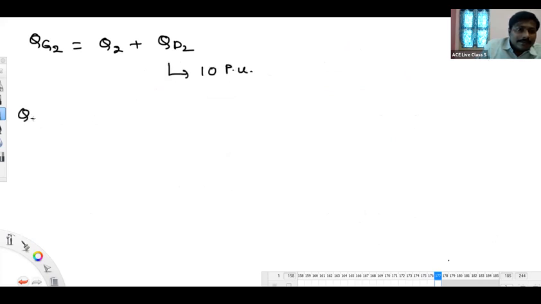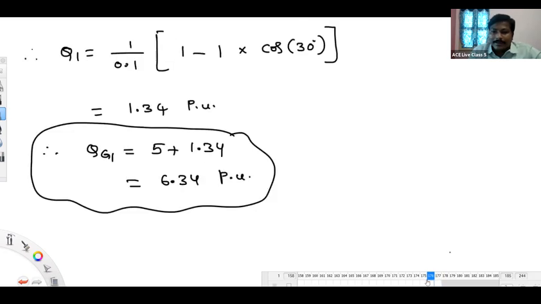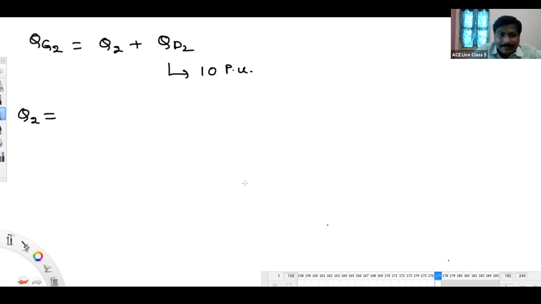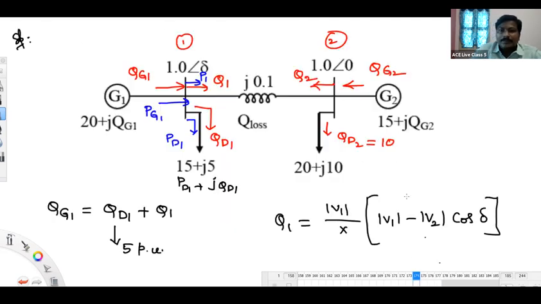And what is the equation for Q2 you can write now? Q2 equals mod V2 by X into the direction of the reactive power. Direction shown from which bus to which bus? Bus 2 to bus 1. So we get mod V2 minus mod V1.